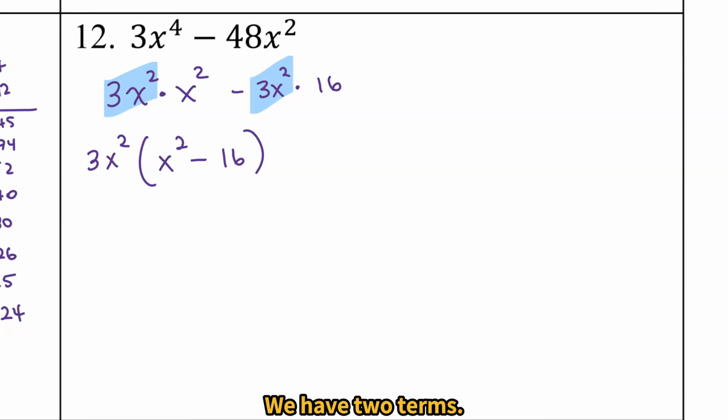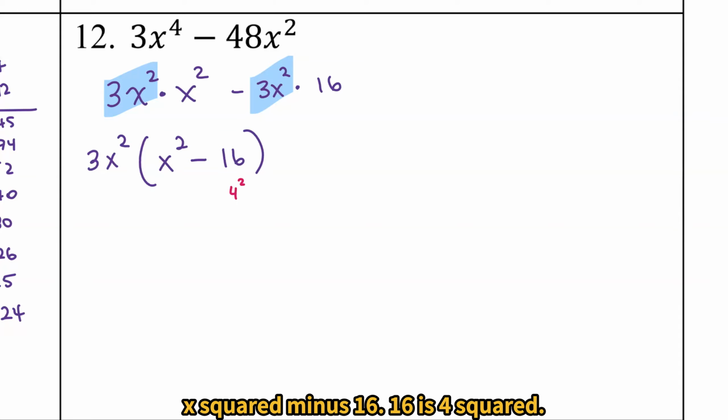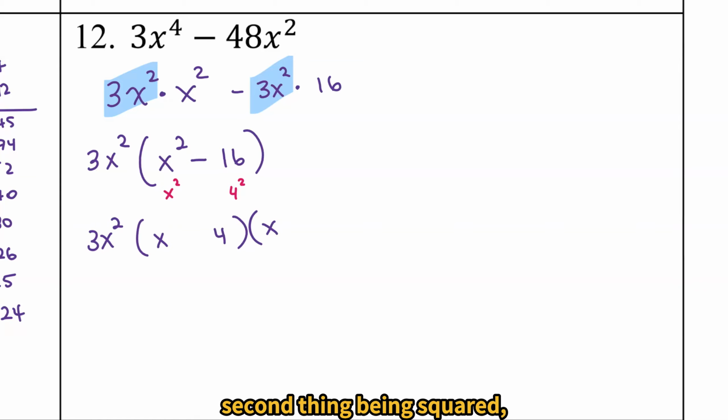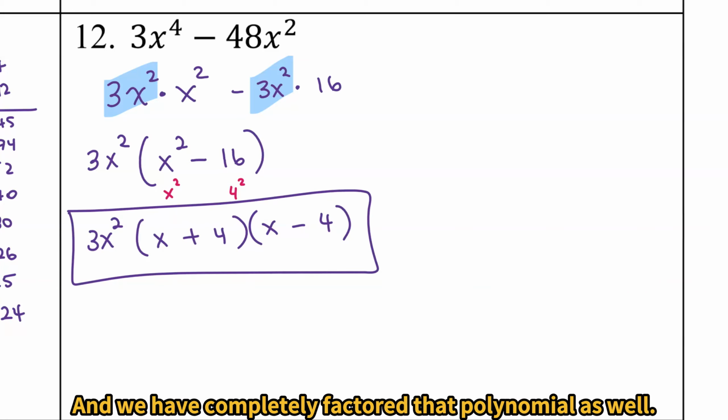We have 2 terms. This is a difference of squares. X squared minus 16. 16 is 4 squared. So my pattern, first thing being squared, second thing being squared, 1 plus 1 minus, and we have completely factored that polynomial as well.